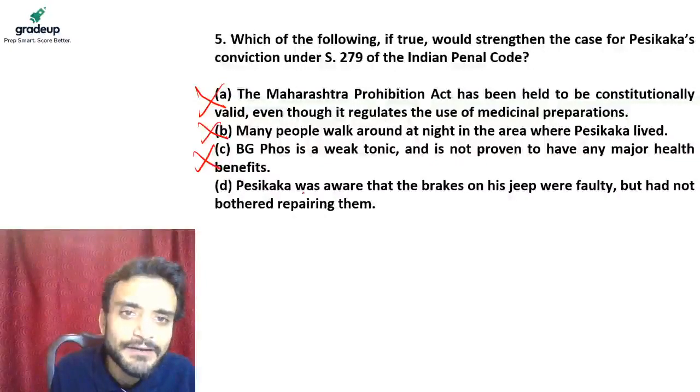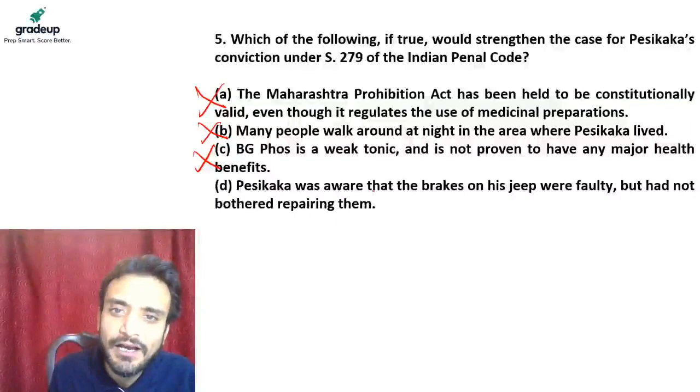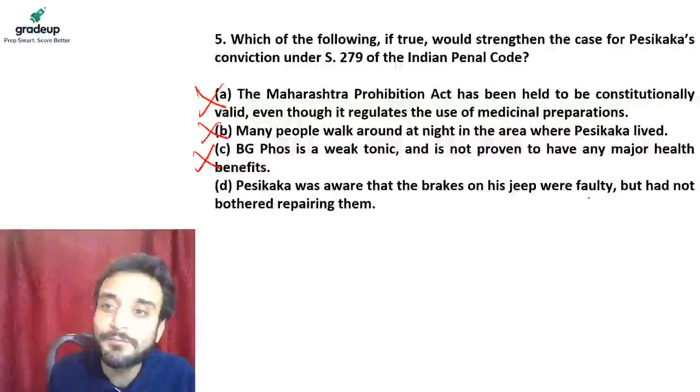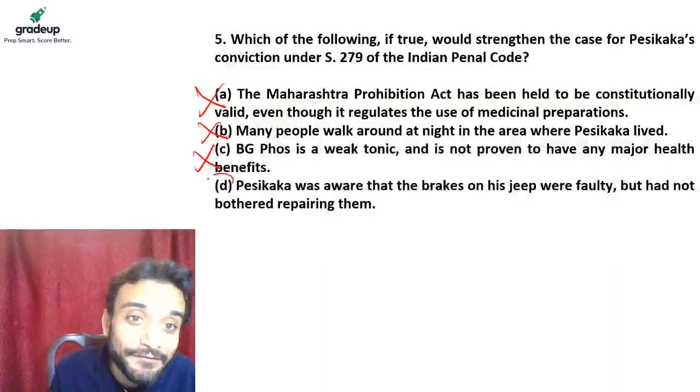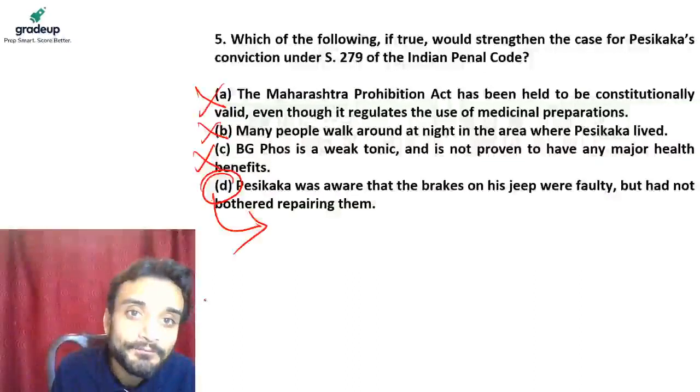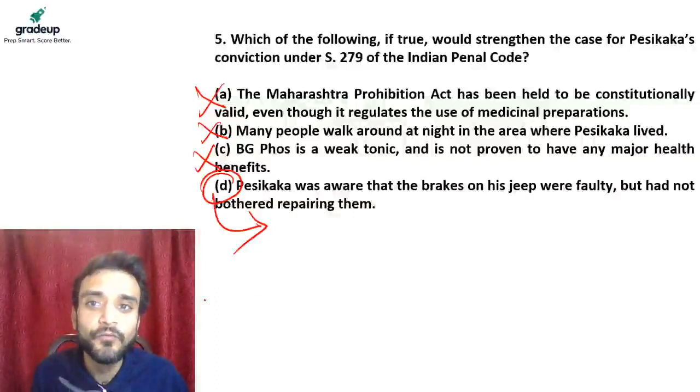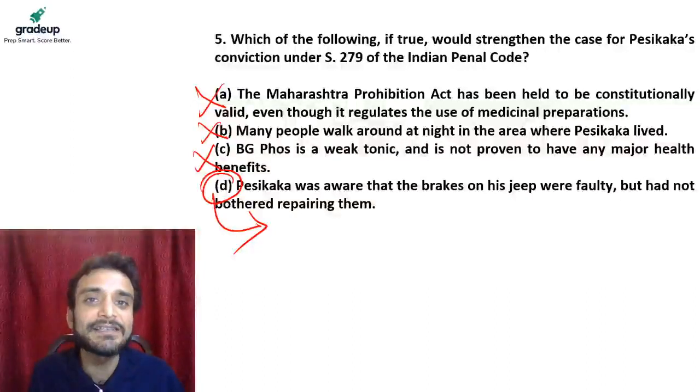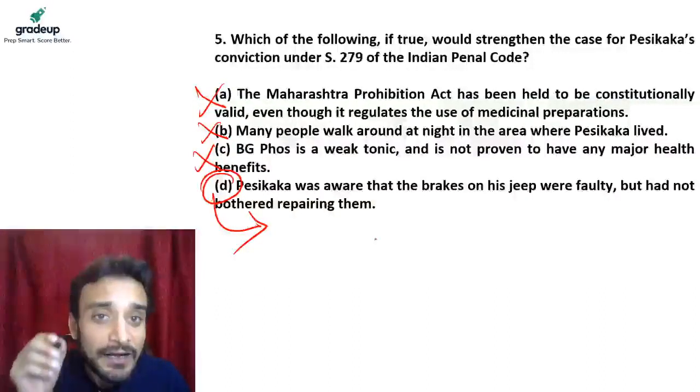Does it matter? Pisi Kaka was aware that the brakes of the jeep were faulty but had not bothered repairing them. If this happens, this would strengthen the case of Pisi Kaka's conviction.